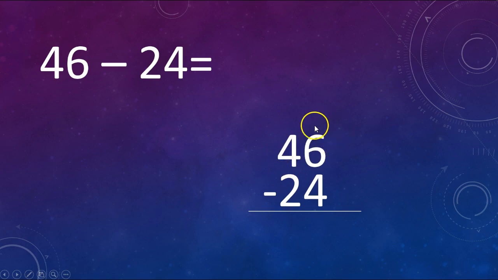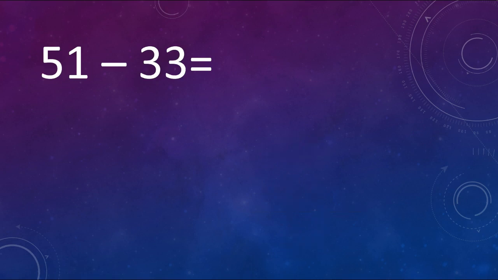No, we do not, because 6 is a bigger number than 4. So we don't need to take away any 10s. 6 minus 4 is 2, and 4 minus 2 is 2. So our answer is 22.